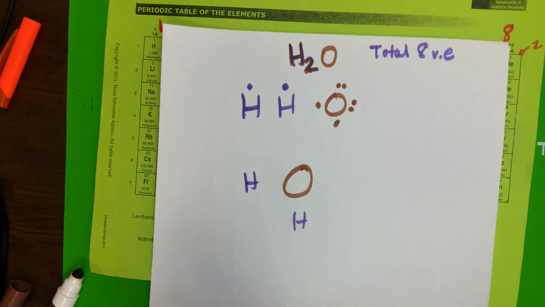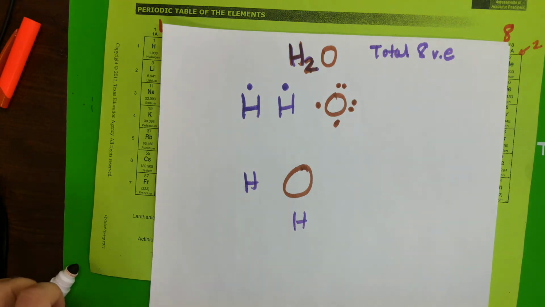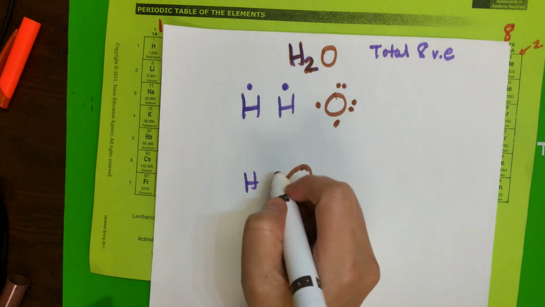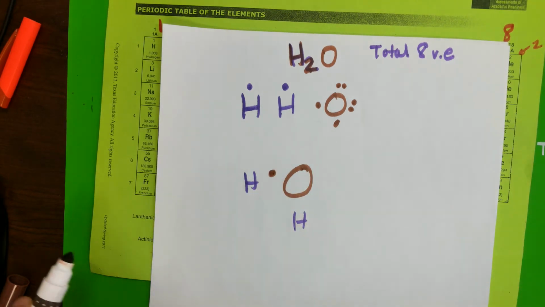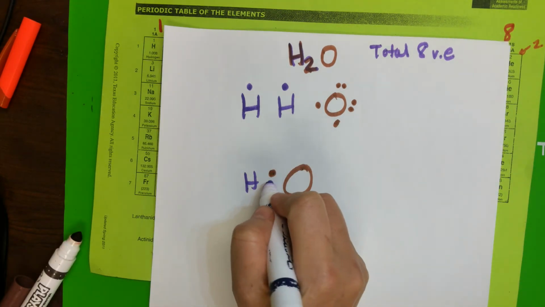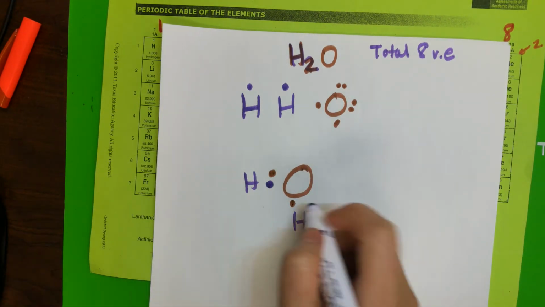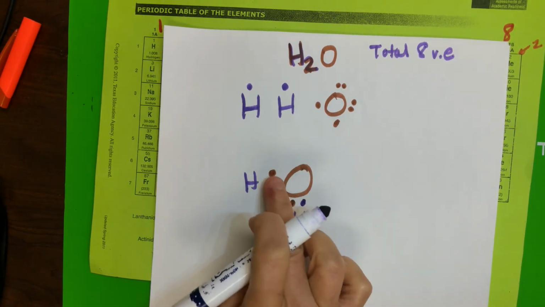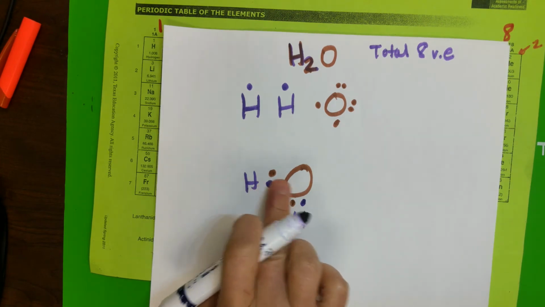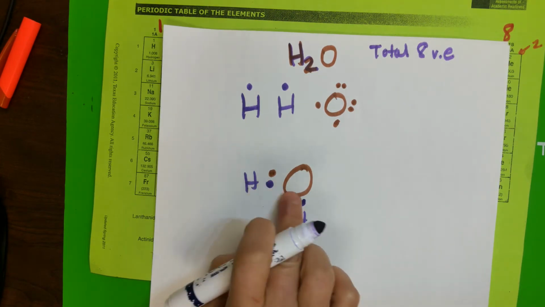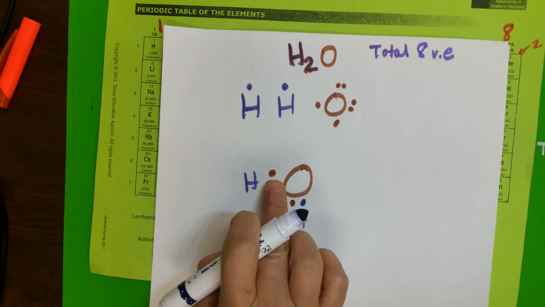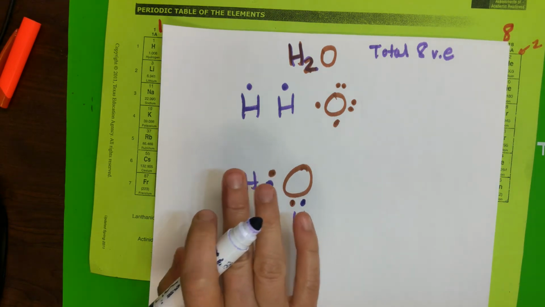Then the third step is draw single bonds to the central atom. So I'm going to get one from the oxygen, one from the hydrogen, one from the oxygen, and one from the hydrogen. You need two dots to bond them. You cannot have one dot in there. You need two dots, and that's it.